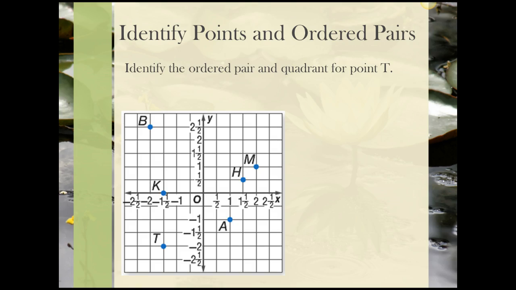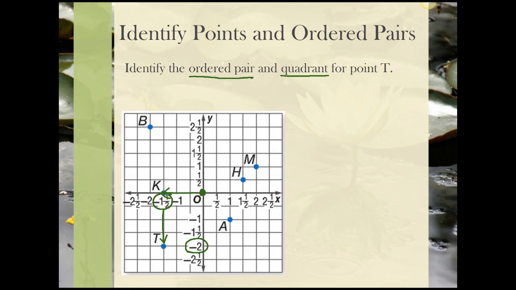Next, let's identify the ordered pair and quadrant for point T. I'll start at the origin (0, 0), and in this case I need to move left along the x-axis until I get to negative 1 1/2. That will be the x-coordinate for point T. Then I will move down until I arrive at T, that is at negative 2 on the y-axis.